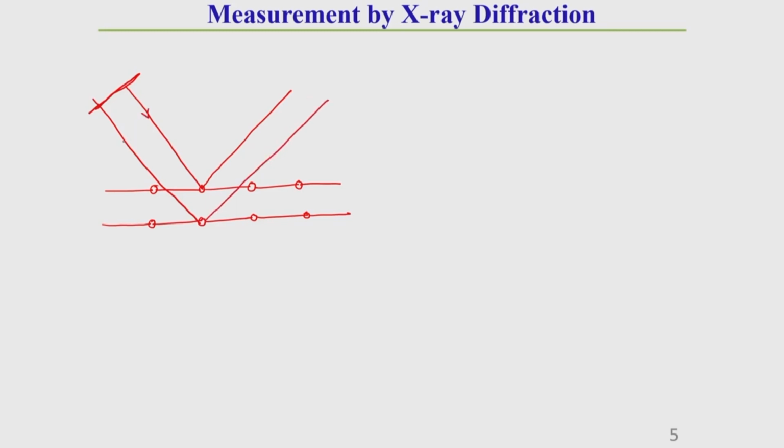Okay. So, let this be X-ray 1, this be X-ray 2, and we are receiving this by a receiver. That means, this is the detector we can say. Now, the distance between two layers is called the d spacing, or you can say atomic layer spacing.